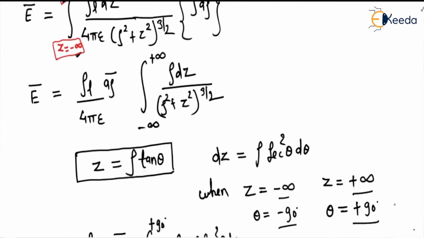To solve this integration, we will put z equal to rho tan theta, so dz will be equal to rho sec square theta d theta.